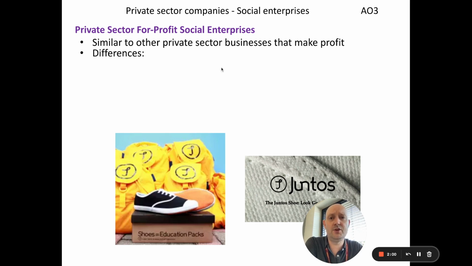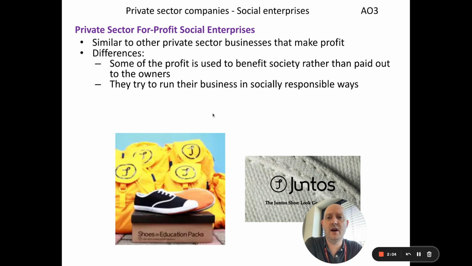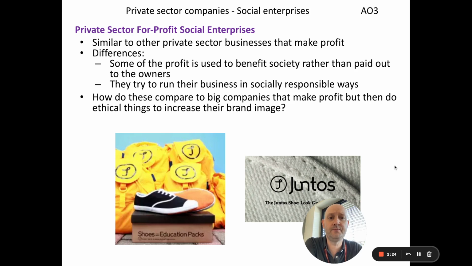So these are similar to other private sector businesses that try to make profit, but the differences are things like some of the profit will be used to benefit society. So rather than paying out to the owners, they will put some money back in to try and do some good with society, whether that's socially, environmentally, or some other method. They'll also try to run their business in socially responsible ways.